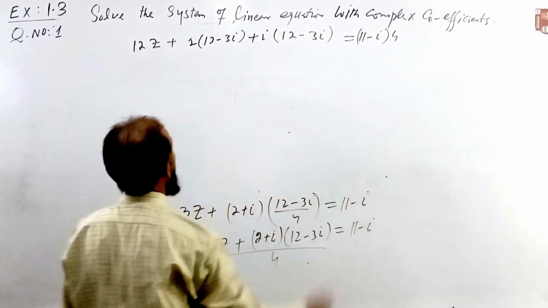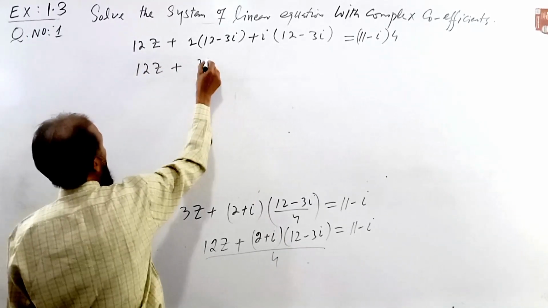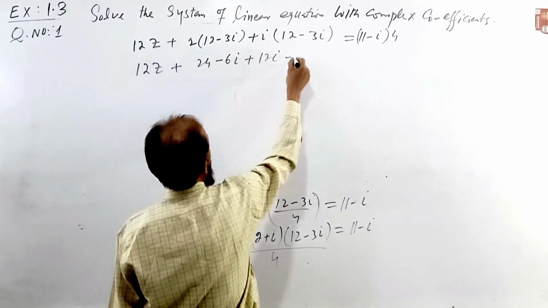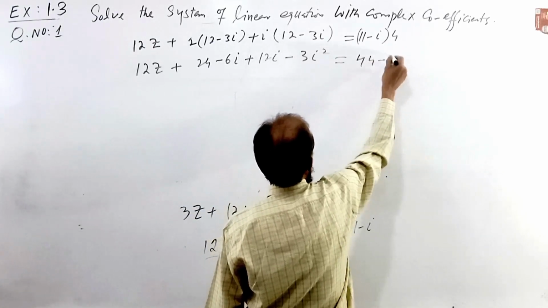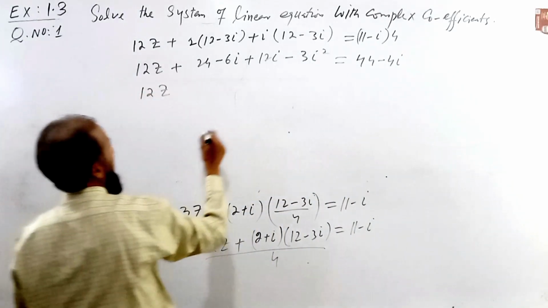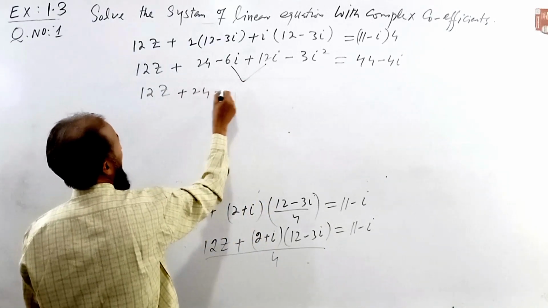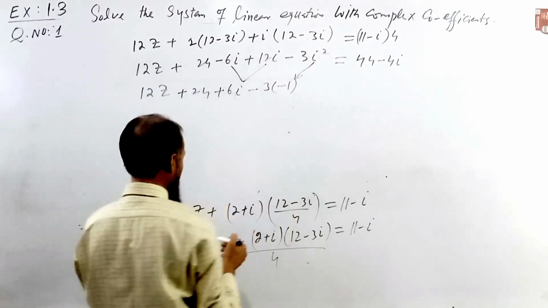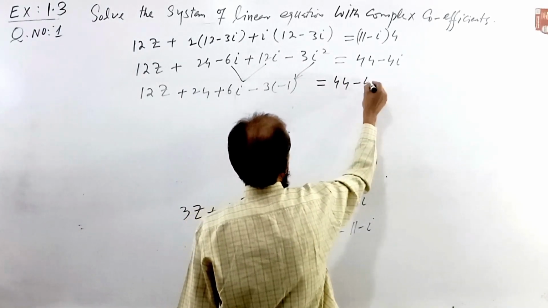Now expand this term: 12z plus 24 minus 6 iota plus 12 iota minus 3 iota square is equal to 44 minus 4 iota. So we compare the like terms, and in the place of iota square we put minus 1.